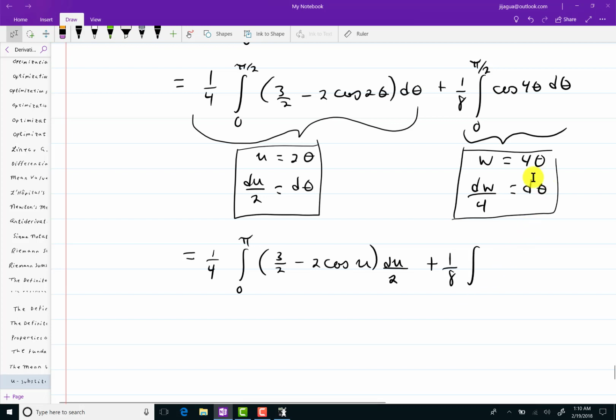We have, when theta equals 0, w will equal 0. And then when theta equals pi over 2, w will equal 4 times pi over 2, that's 2 pi. And we're dealing with cosine of w, not u, I did get caught with that. Cosine of w, but then I'll have dw over 4.